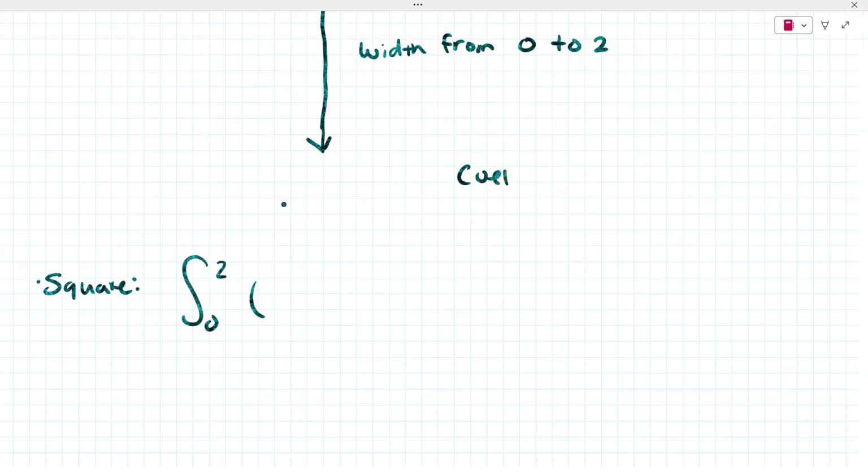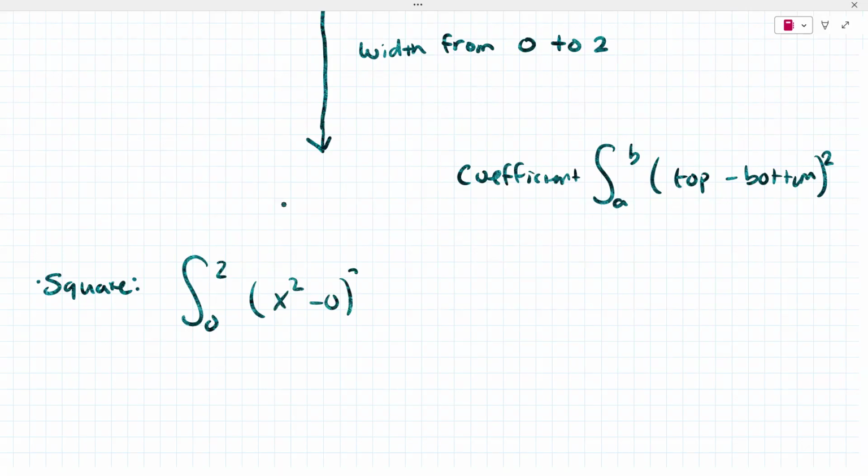The integral from A to B of top minus bottom squared. So the top is x squared minus 0, and then square that, dx. So that would be from the interval 0 to 2.